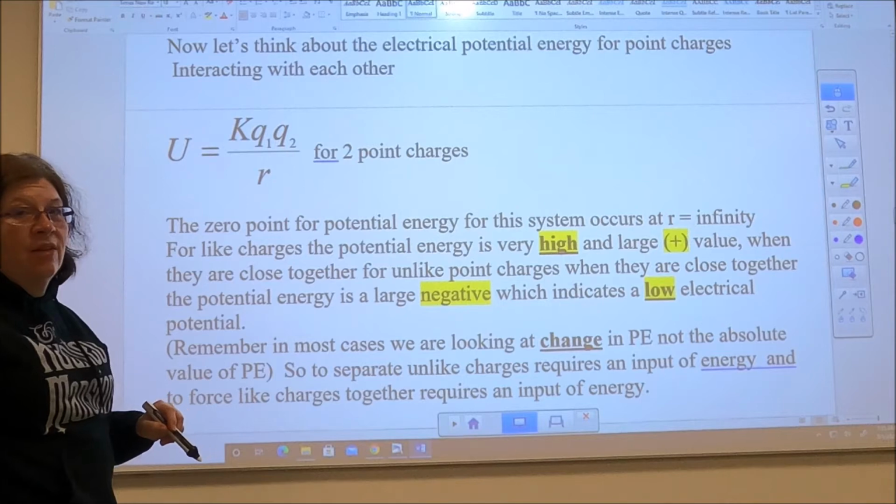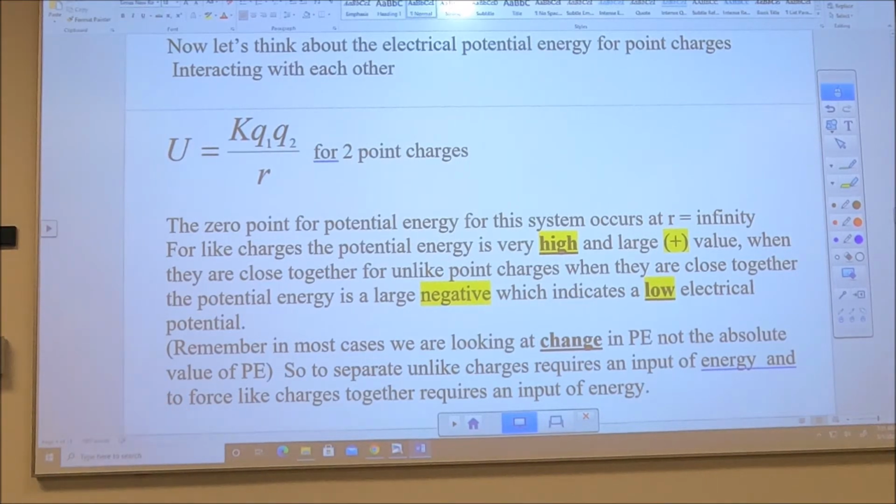Now, for most cases, we're more interested in change in potential energy instead of absolutes. If I separate unlike charges, it requires an energy input, because they were at a low, negative potential energy when they were closer together. As you move them further apart, it takes work.